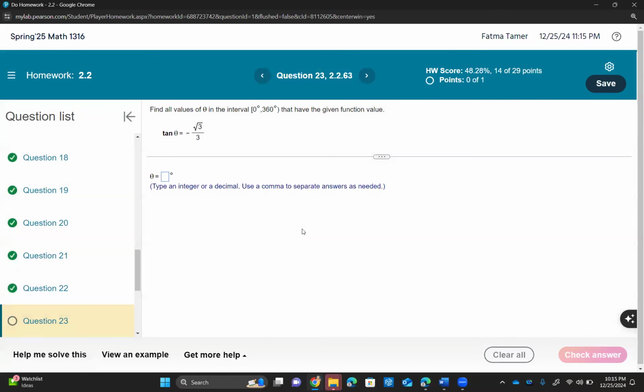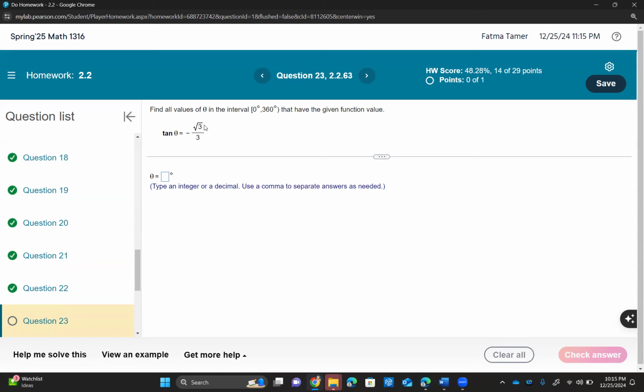And I'm just thinking backwards this time. So this tangent value is root 3 over 3, which is a rationalized ratio. This is the same thing as 1 over root 3. So that means the sine value is 1/2 and the cosine value is root 3 over 2.